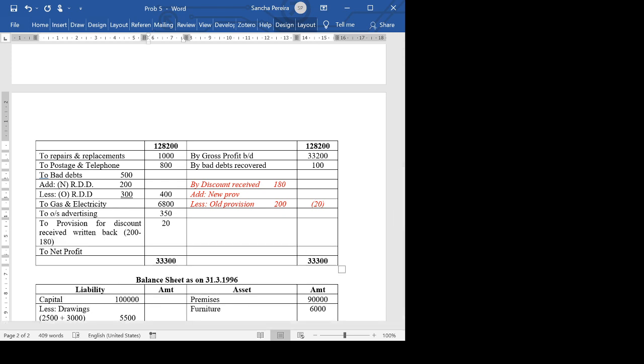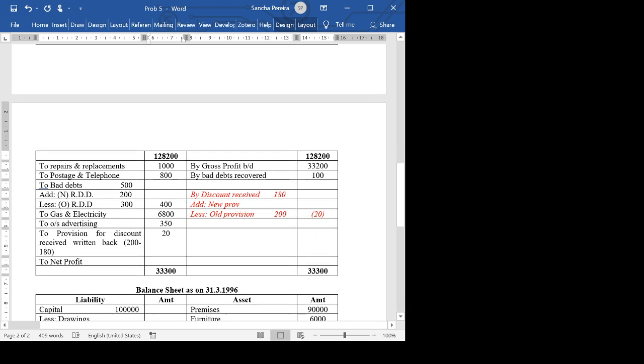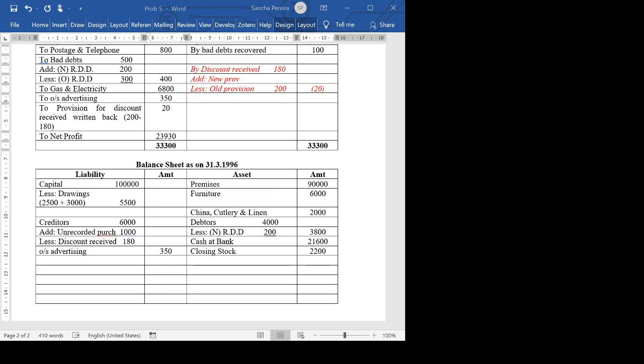And this is 20. So the net profit is 23,930.